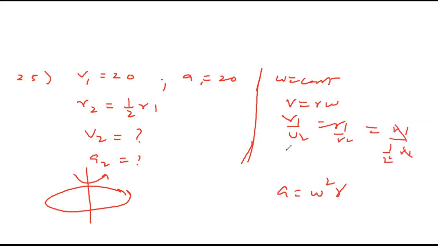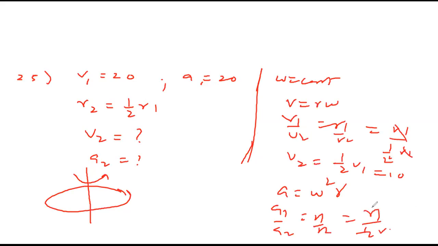R1 cancels. So V2 will become half of V1, which is 10. Here also we get the same. A1 upon A2 is R1 by R2, which is 2 by 1. So A2 equals A1 by 2, 20 by 2, 10. Both are 10, 10 when shifted to half the radius.